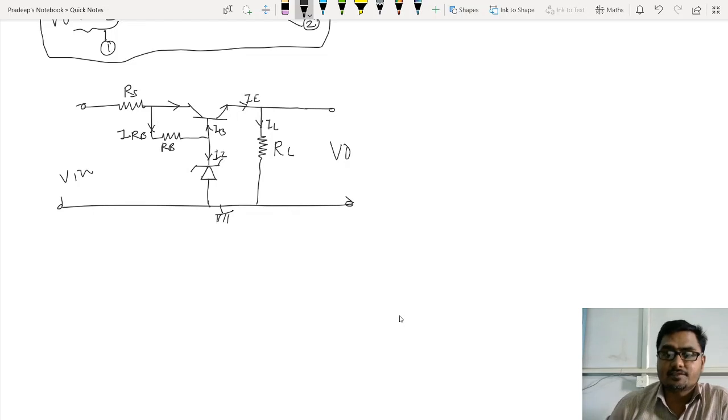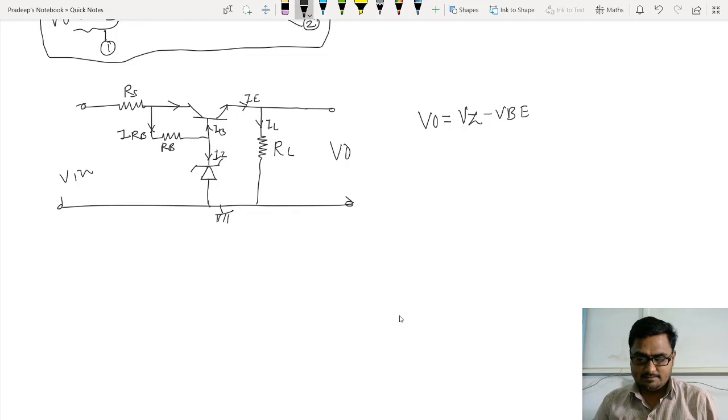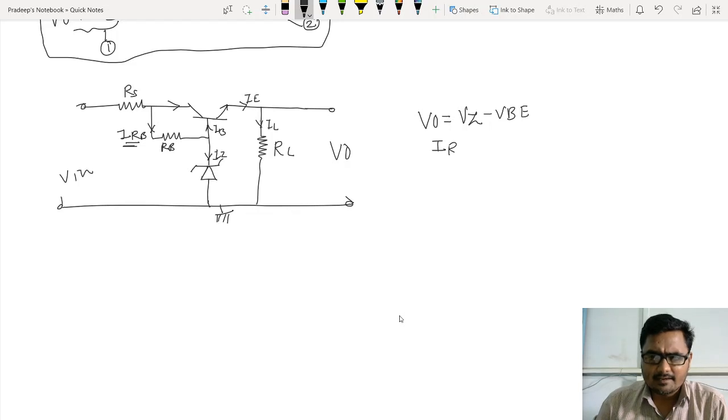Okay, what is the basic equation? Basic equation of output voltage is VO equals Vz minus VBE. Now the thing is, look at this current IRB. What is that current IRB?